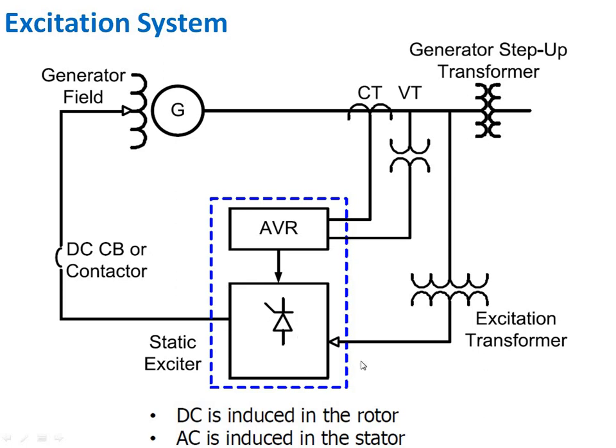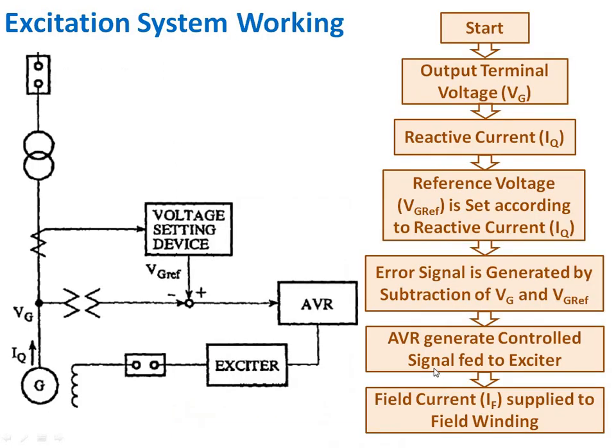So this is a static exciter, the regular or normal excitation system, and the output of this controlled rectifier is connected through this DC circuit breaker, or the field circuit breaker, to the generator. So this is the overall diagram, or connection, of the excitation system for the alternator or the generator.